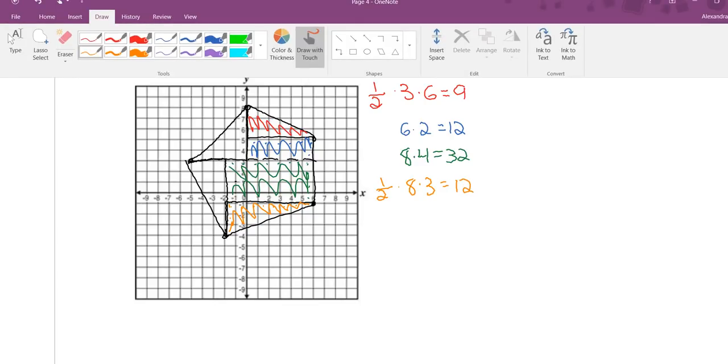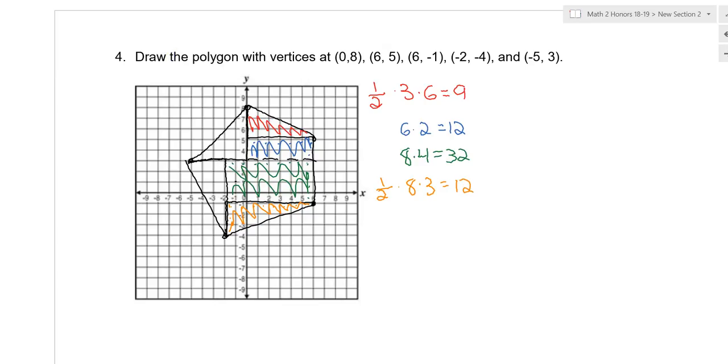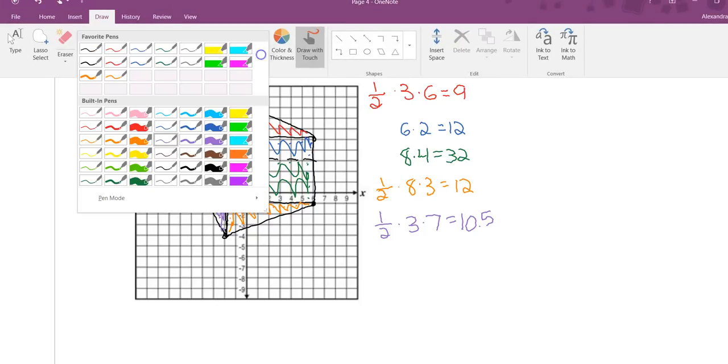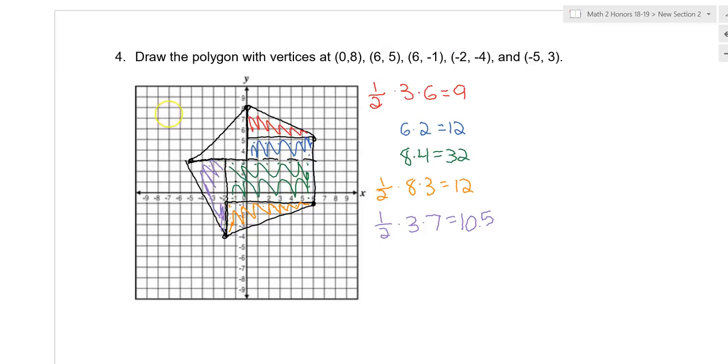Then our next triangle, 1, 2, 3 times 1, 2, 3, 4, 5, 7. So 3 times 7. That doesn't give us a fraction or a decimal. I'm just going to do it as a decimal. I really don't care if it's a fraction or a decimal. But it is 10.5 when we multiply those together.